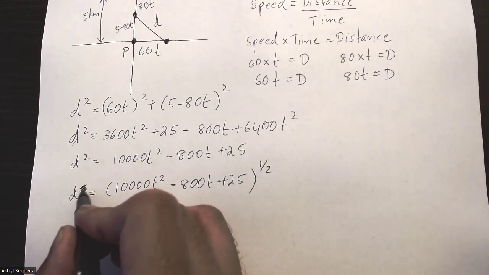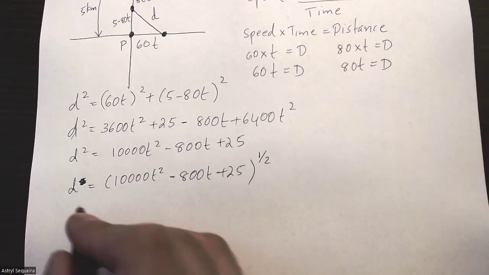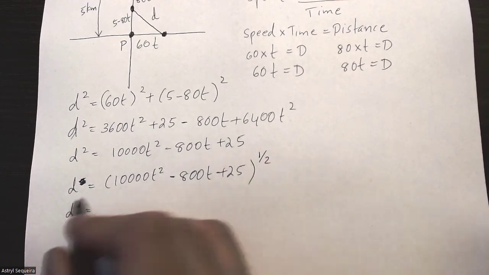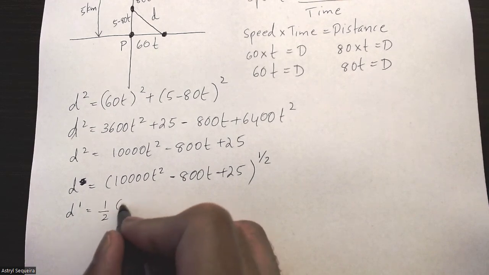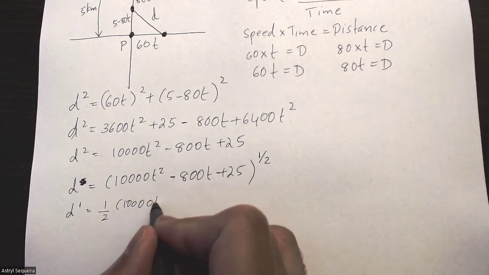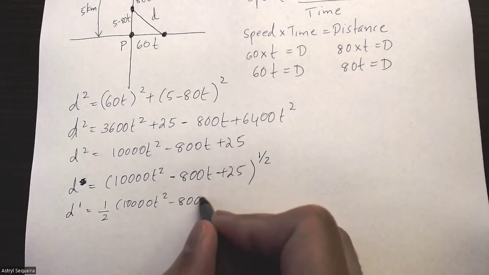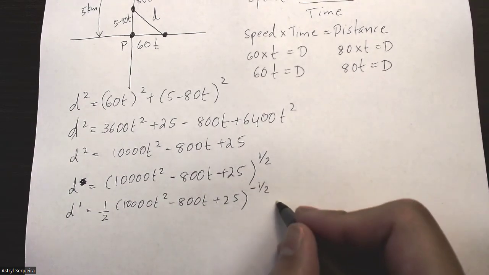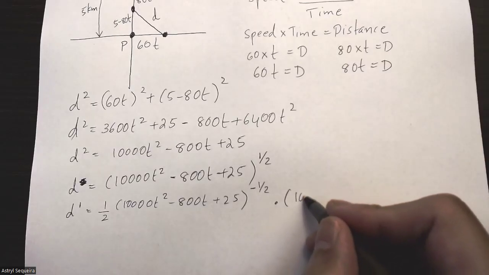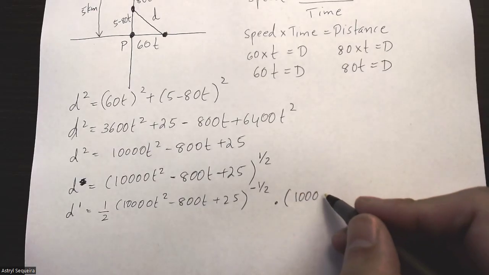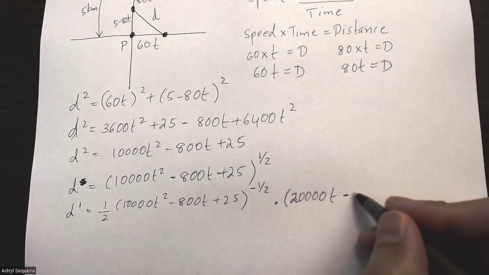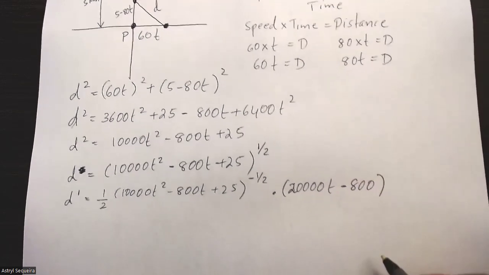Oops, no more square. And now I can derive this. So 1 over 2, 10,000 t squared minus 800t plus 25, to the new exponent of negative 1 over 2, times the derivative of the inside. Oh, it's going to be 20,000 t minus 800.